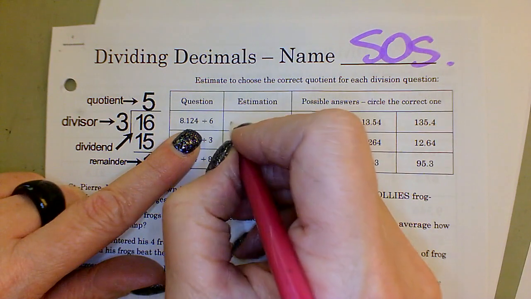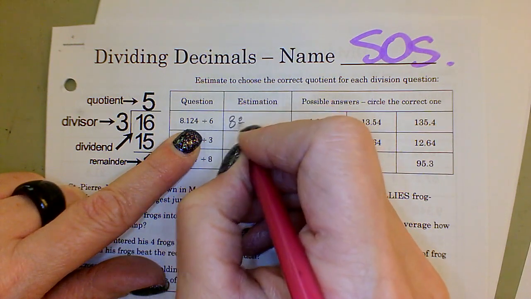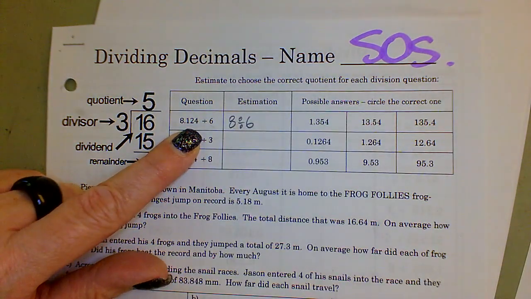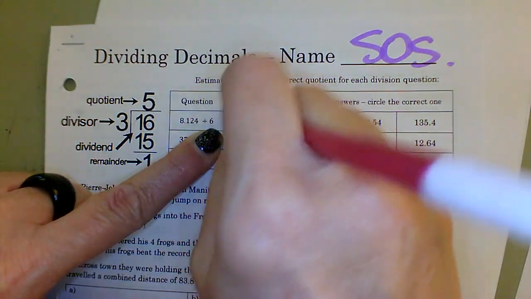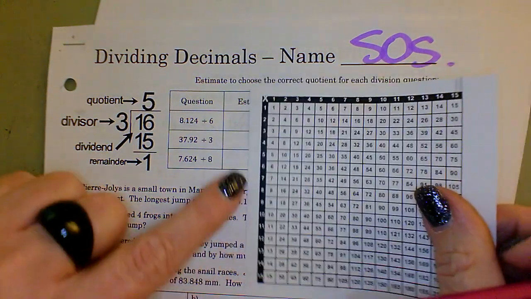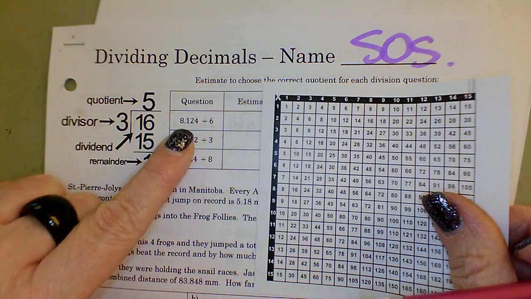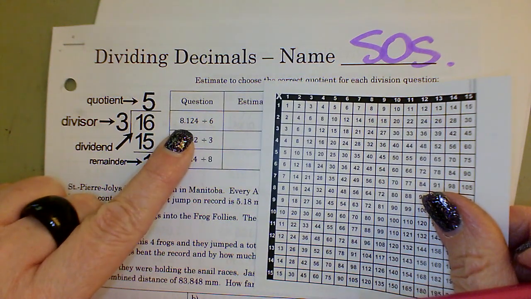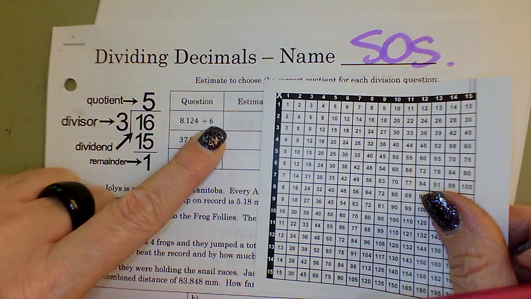I cannot go 8 divided by 6. It doesn't work. Okay? So that means that I need to look at my 6 times table, and figure out what is a number that is closest to 8 that divides by 6.